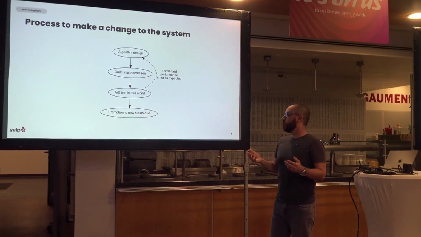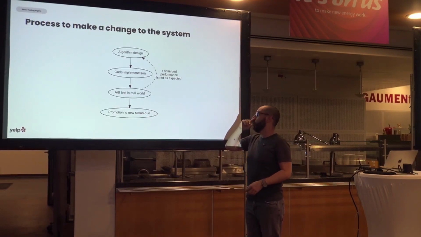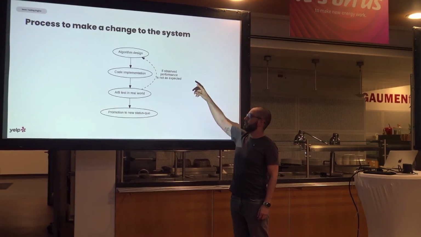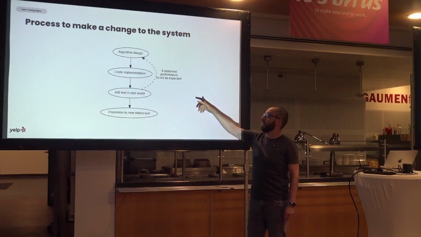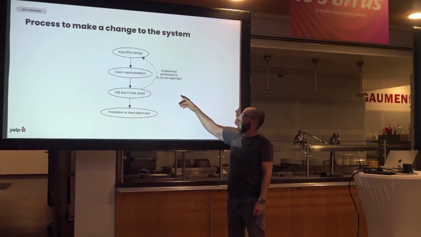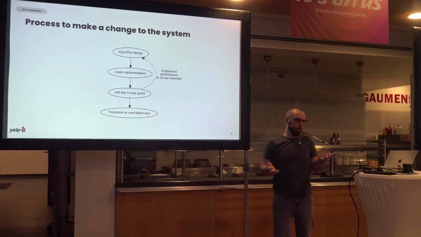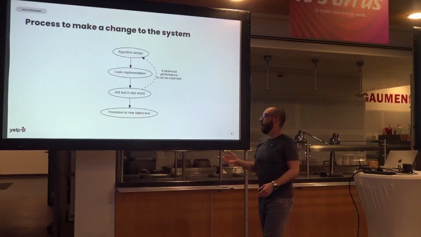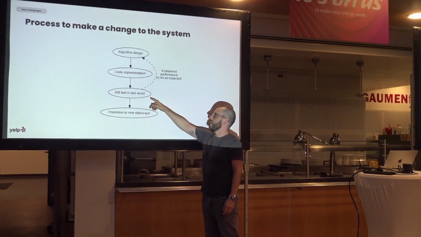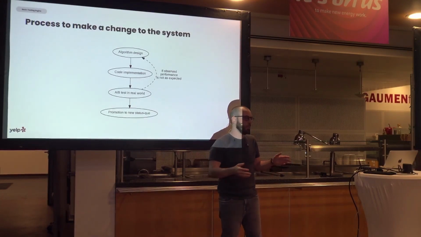So typically, first of all, you design an algorithm, and then you implement the code. And then when you think the code is good enough, you are ready to test that in the real world, typically with an A/B test.